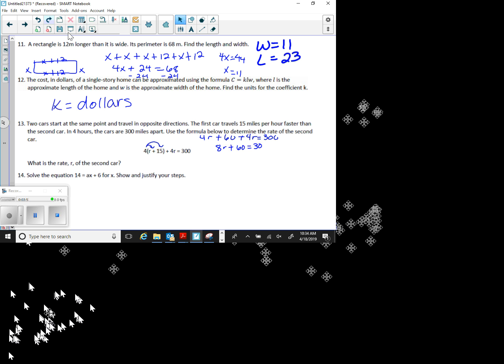Plus 60 equals 300. Now I've got 2 more steps to solve. What do I have to do? Subtract 60 on both sides. So I have 8R equals, what's 300 minus 60?